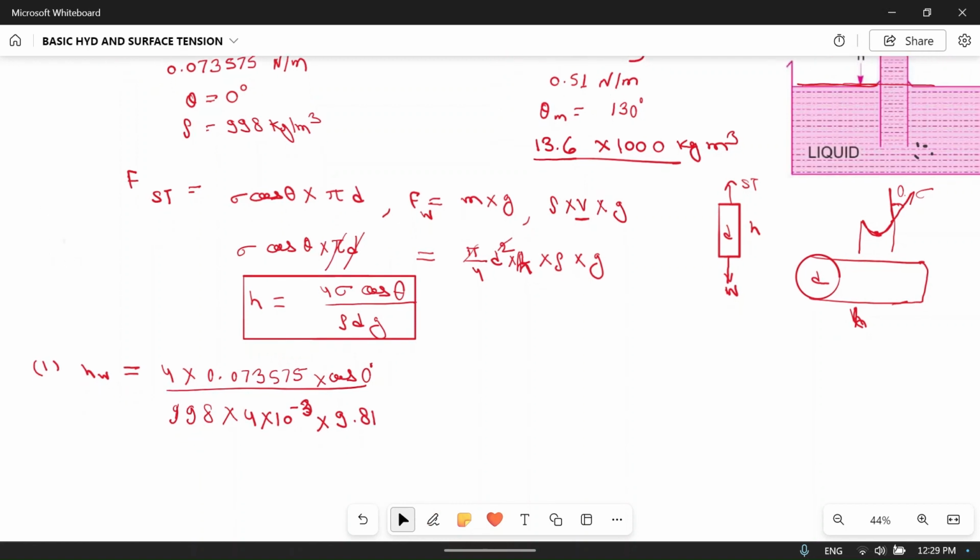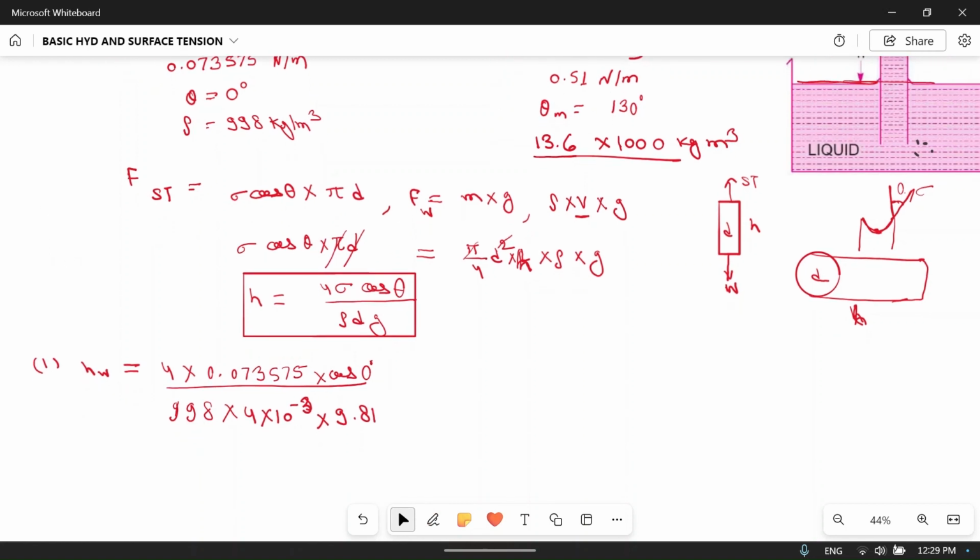So if we calculate this, you will get H is equal to 7.51 into 10 to the power minus 3 meter.